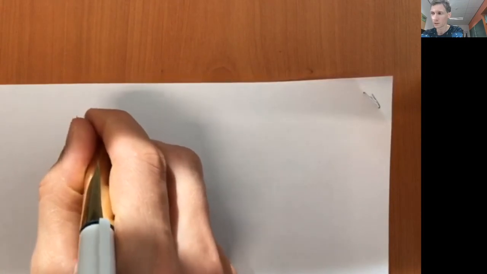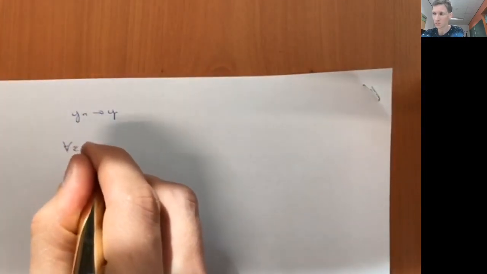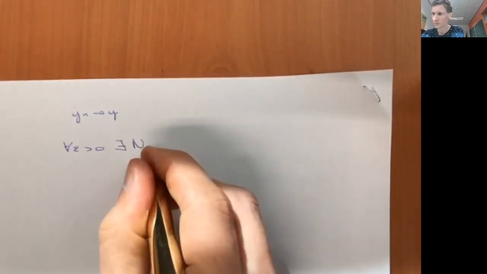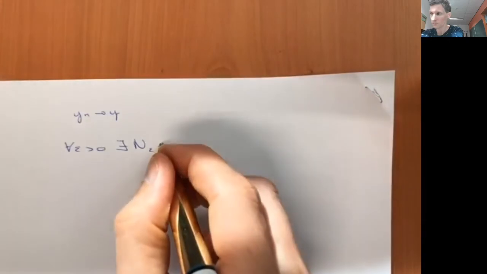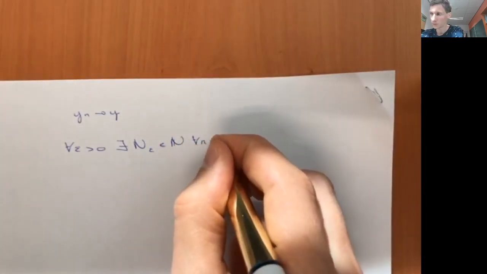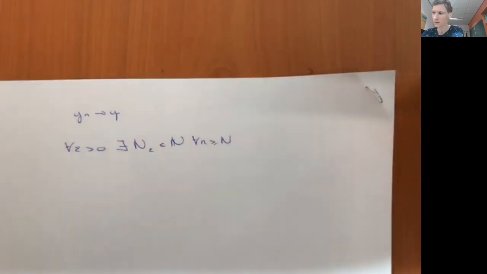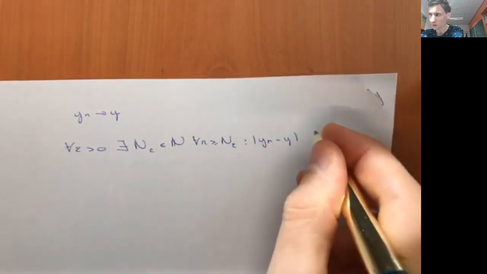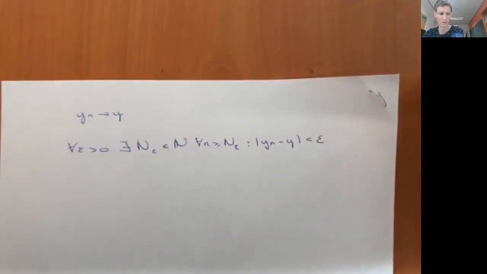So we're going to use the definition that yn converges to y, right? So we have that for all epsilon greater than 0, there exists an n epsilon in N, such that for all n greater or equal to this big N, the absolute value of yn minus y is smaller than epsilon.